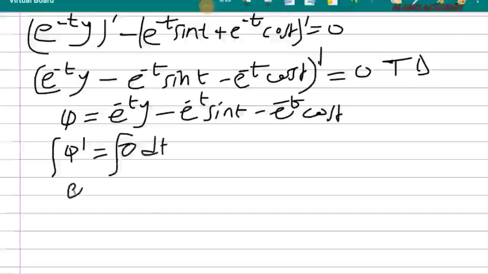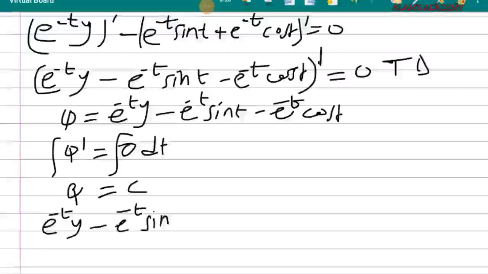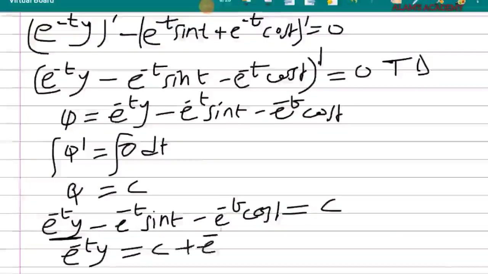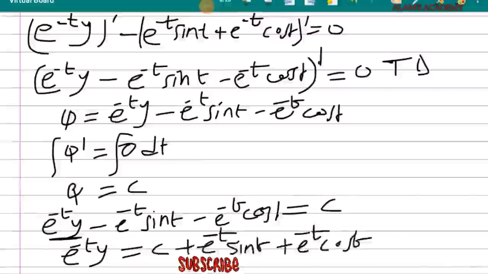It means that q will be equal to c, which implies that e^t multiplied by y minus e^(-t) sine t minus e^(-t) cos t will be equal to c. Because I'm looking for y, I maintain this and send the rest across the equal sign. So e^t multiplied by y is equal to c plus e^t sine of t plus e^(-t) cos of t.